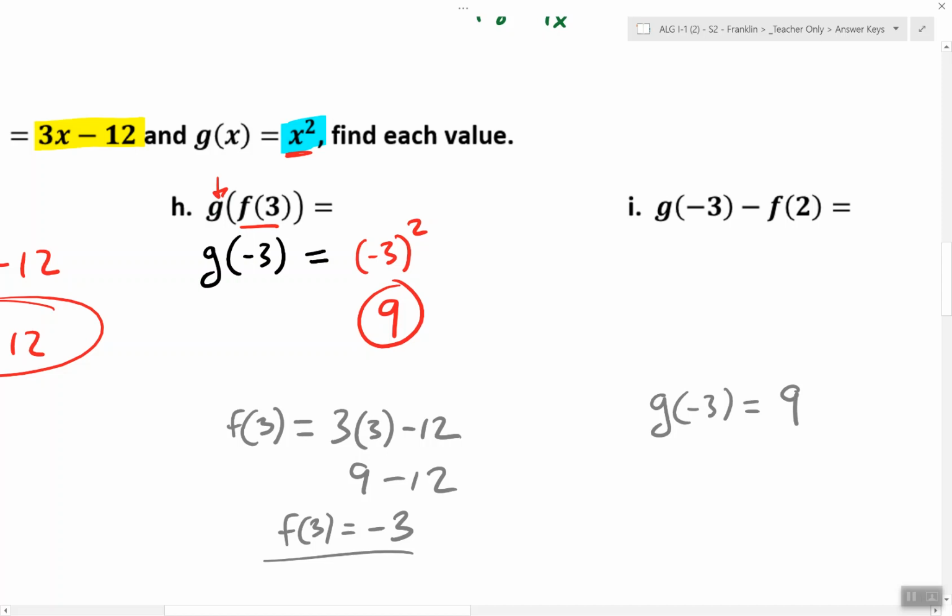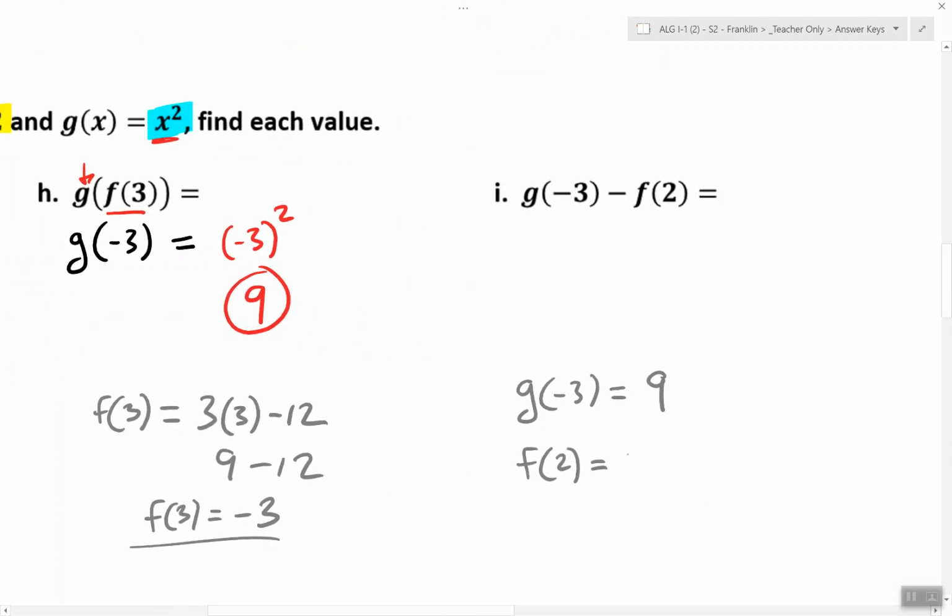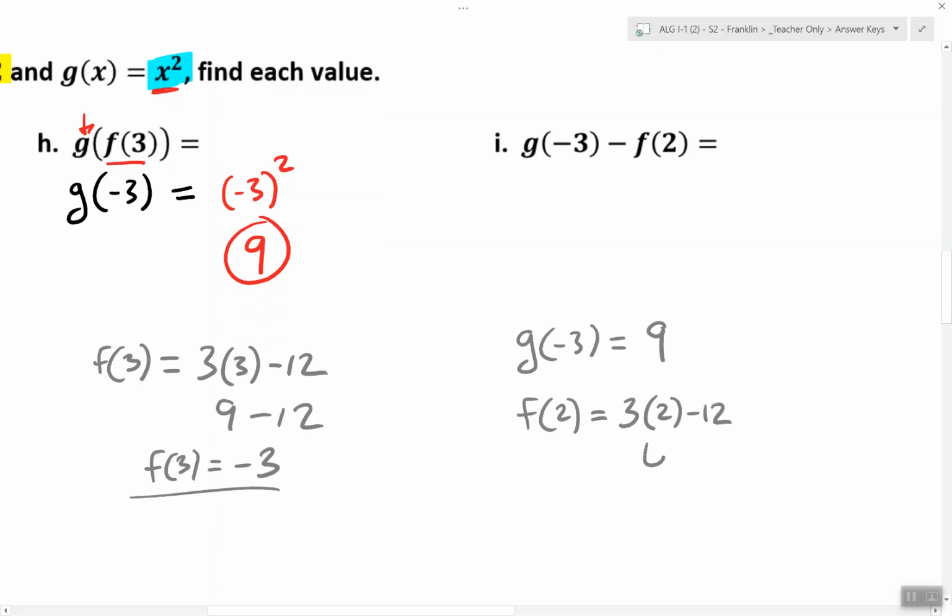We just did that. So now let's find f of 2. Now I'm going to use the f of x function, 3x minus 12, but instead of x, I put a 2. So 3 times 2 is 6, and 6 minus 12 is negative 6. So I know that f of 2 is equal to negative 6.